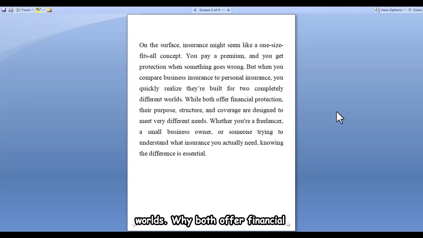While both offer financial protection, their purpose, structure, and coverage are designed to meet very different needs. Whether you are a freelancer, a small business owner, or someone trying to understand what insurance you actually need, knowing the difference is essential. So now let's go to the next page.